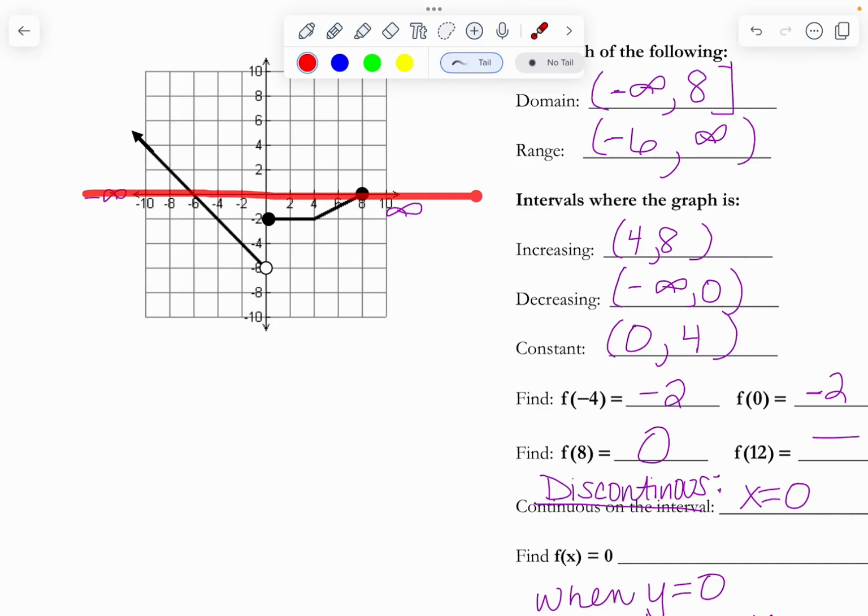Are there any points when y is 0? Well, yes, make sure you get all of them. It's at negative 6, and it's going to be at 8. So it could be 1 point, it could be 2 points, it could be 3 points, but make sure you list all of them, because this is saying my y value is 0, my x value is -6 and 8. So I need to write both of those.